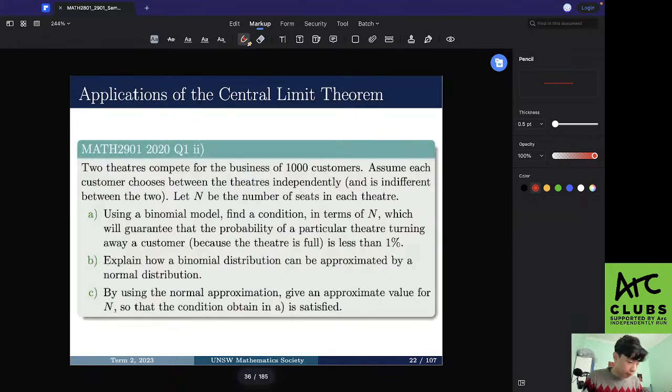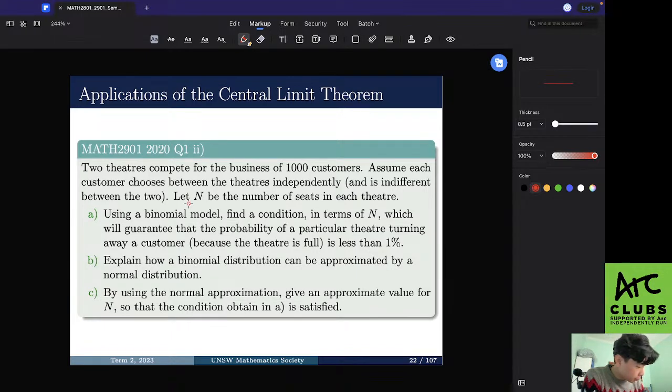So here's an example of how we use binomial distributions, and we see that we have two theaters which are competing for the business of 1,000 customers. We want to assume that the customers choose between the theaters independently and are indifferent.